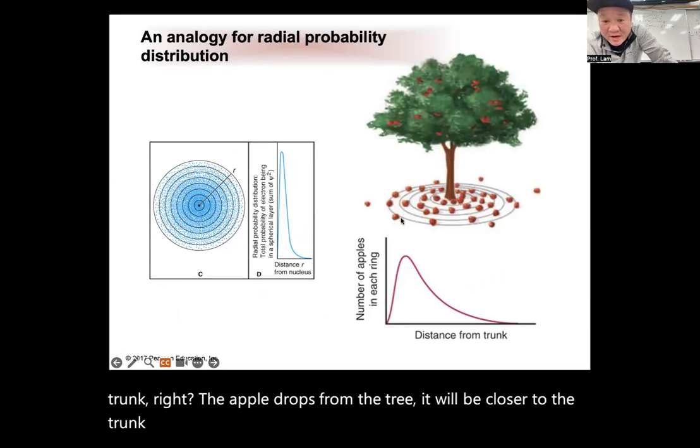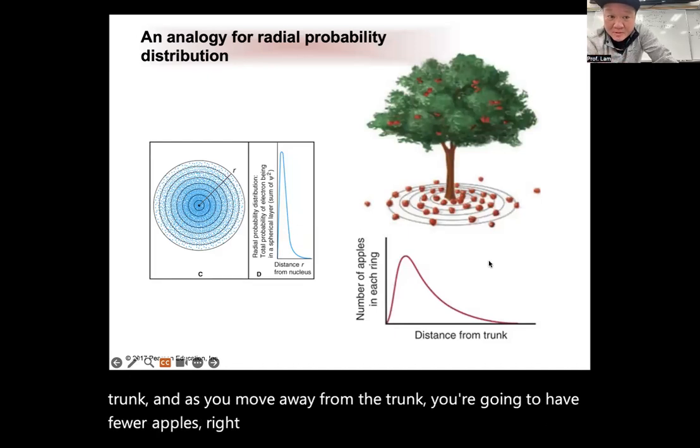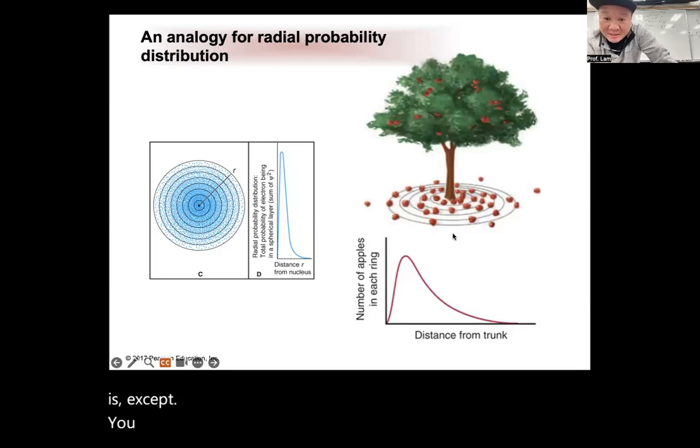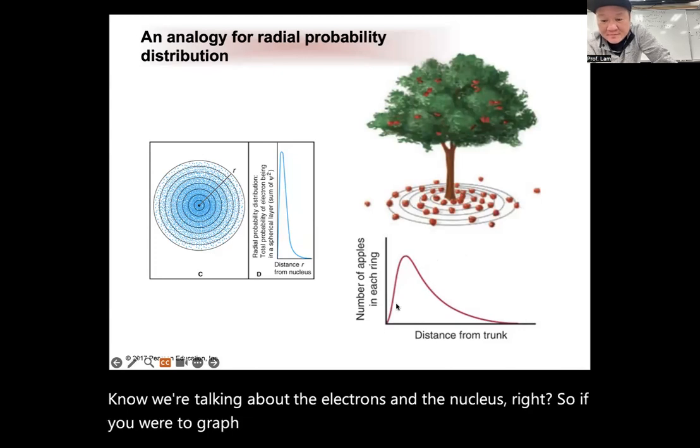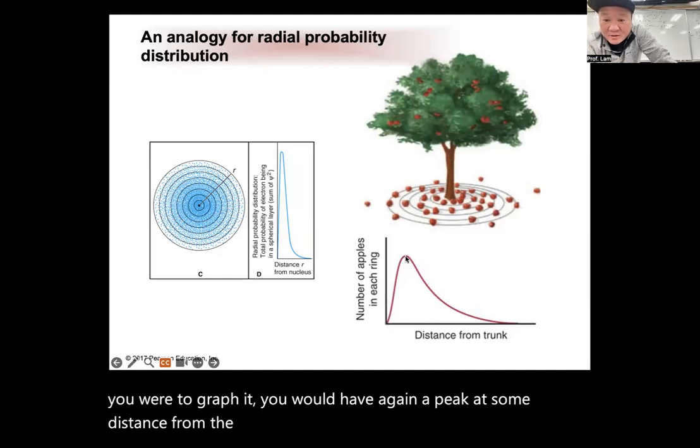And as you move away from the trunk, you're going to have fewer apples, right? So that's what a radial probability distribution is, except we're talking about the electron and the nucleus. So if you were to graph it, you would have, again, a peak at some distance from the center, where you're most likely to find the apples, right?